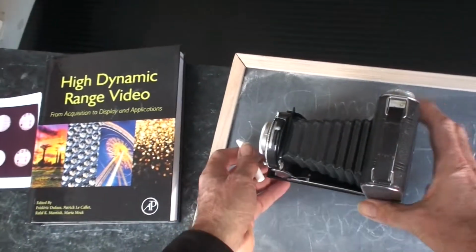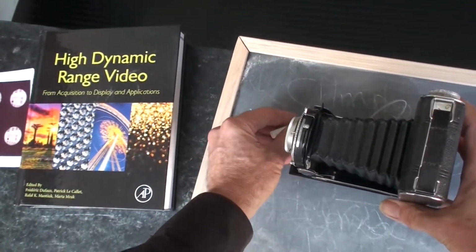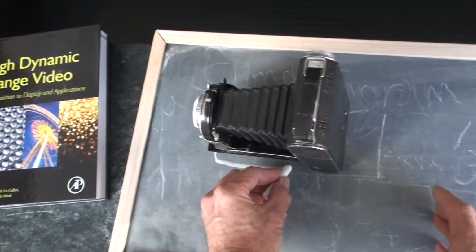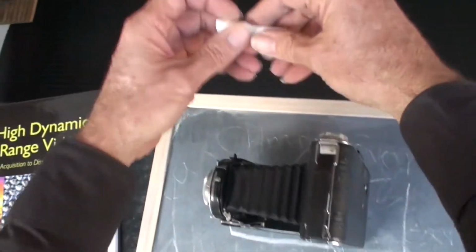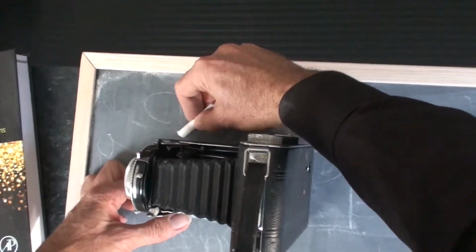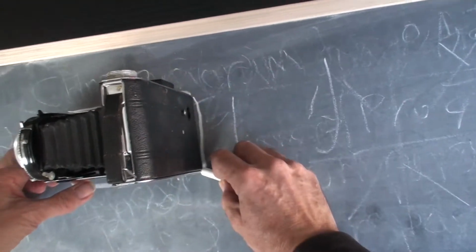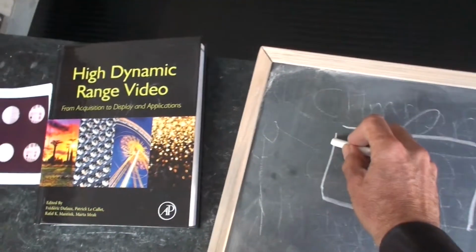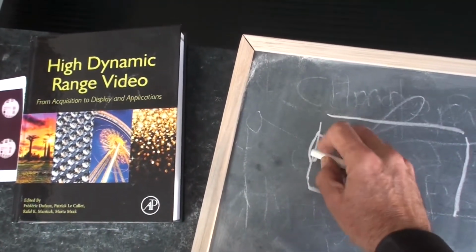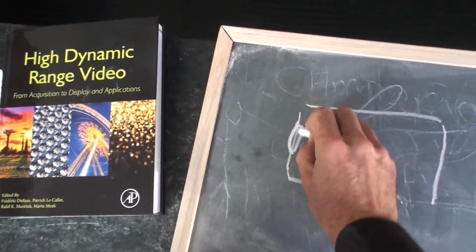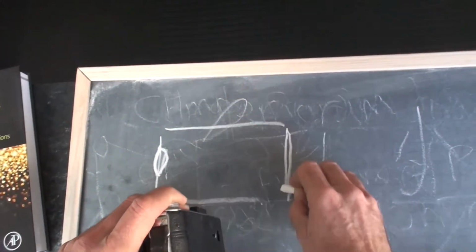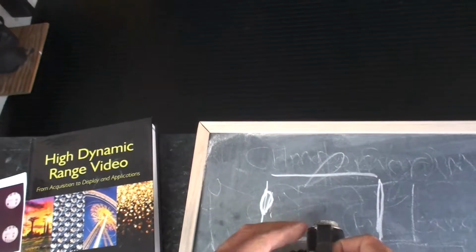We might think of the camera as, say, this black box here, and it has on the front of it a lens. The light comes in through the lens, and then it has some kind of a film plane, some kind of an image sensing plane.